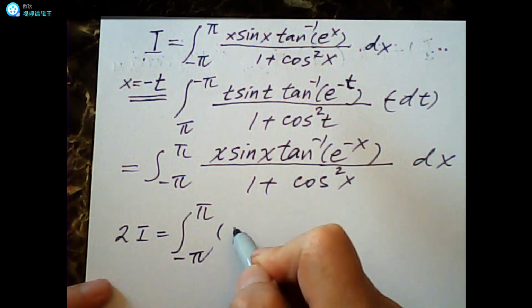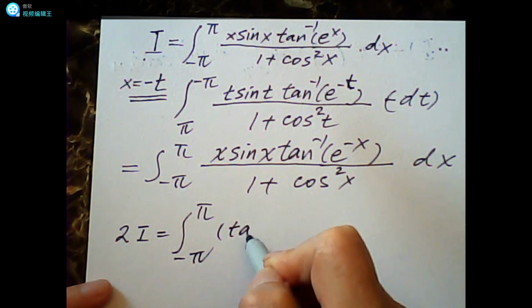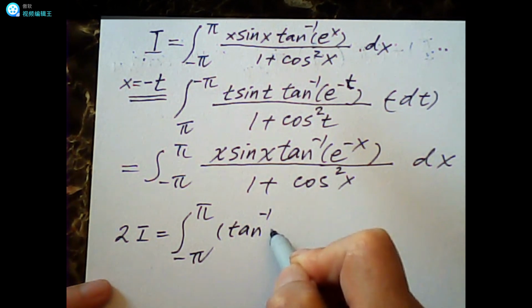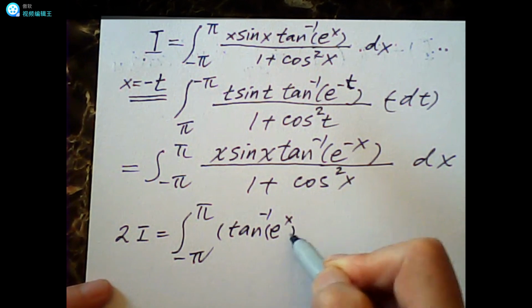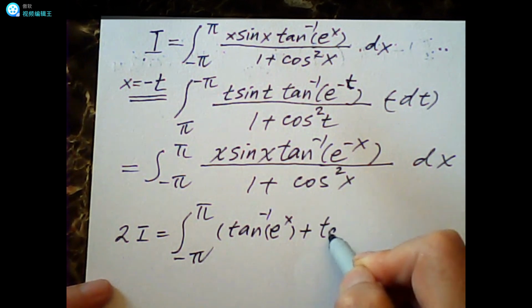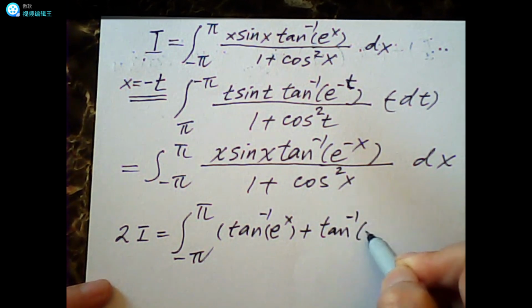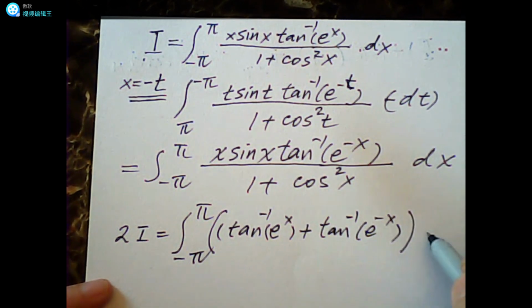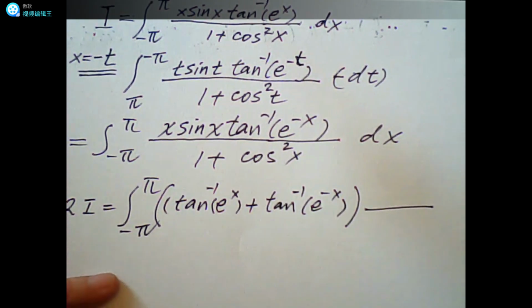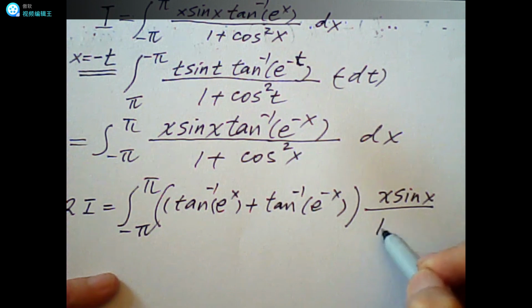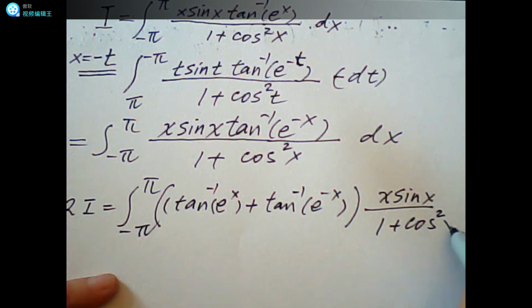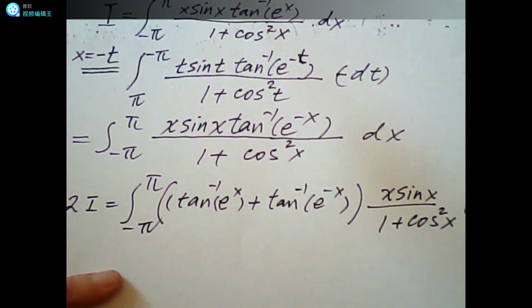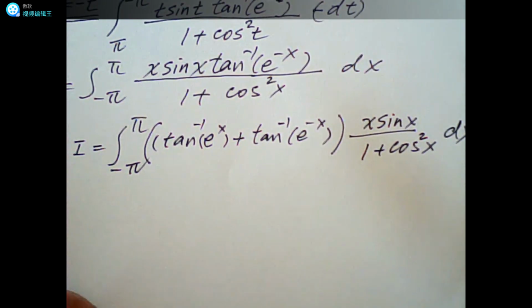So this becomes arctangent e to the x plus arctangent e to the negative x, multiplied by x sine x over 1 plus cosine square x dx. Okay, good.